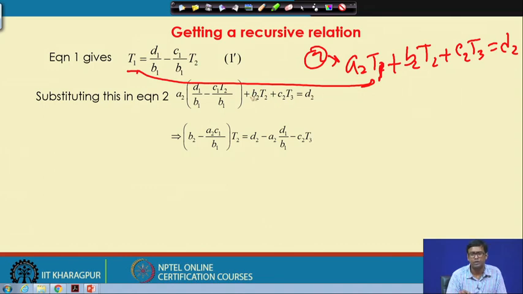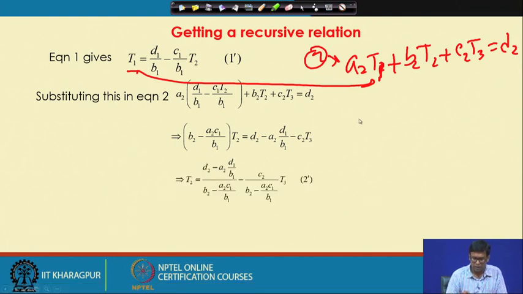So, this becomes an equation between T2 and T3. So, we can write T2 is something minus something into T3, and T2 is equal to (D2 minus A2 D1 by B1) by (B2 minus A2 C1 by B1) minus C2 by (B2 minus A2 C1 by B1) into T3.